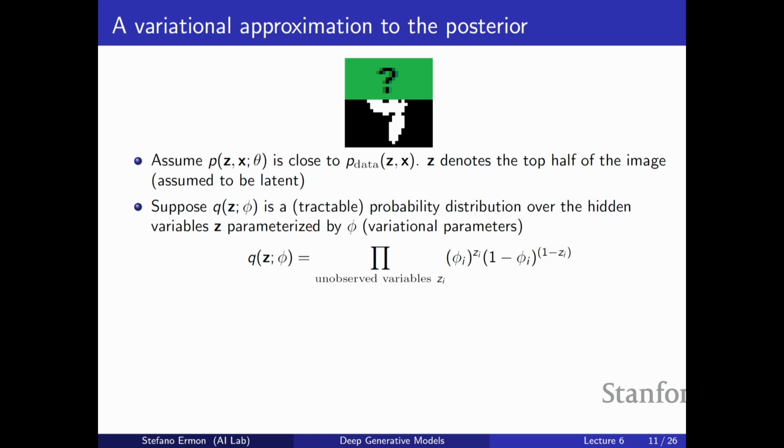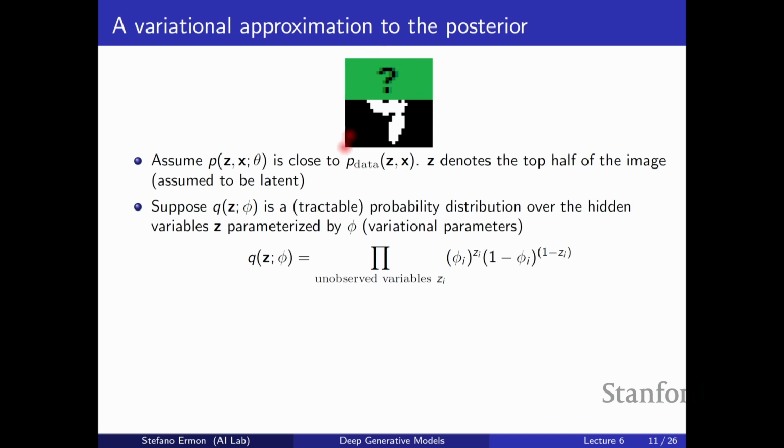And one way to do it is to basically use this variational trick of trying to guess the values of the missing pixels, and then pretend that you have a fully observed data set, and then just optimize. But there are different ways of guessing the missing pixels, right? So you can define a family of distributions over the missing pixels.